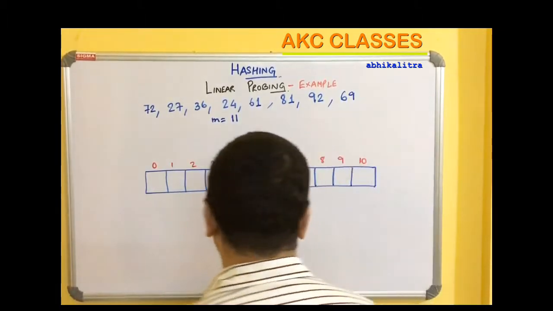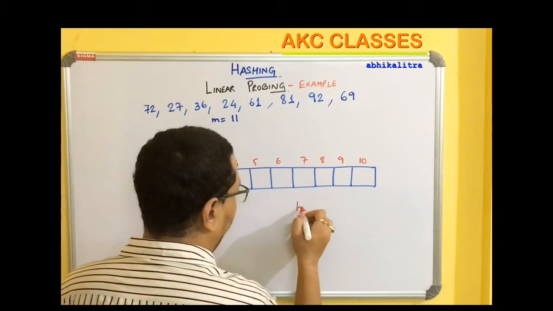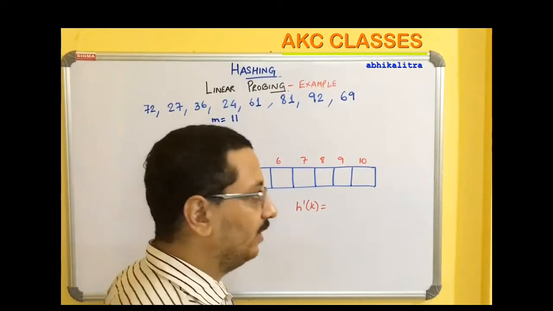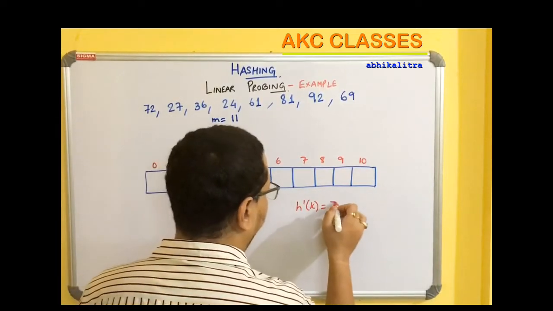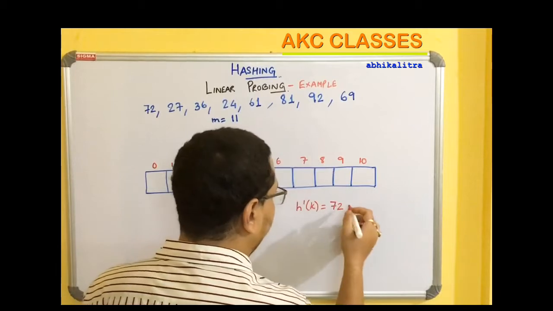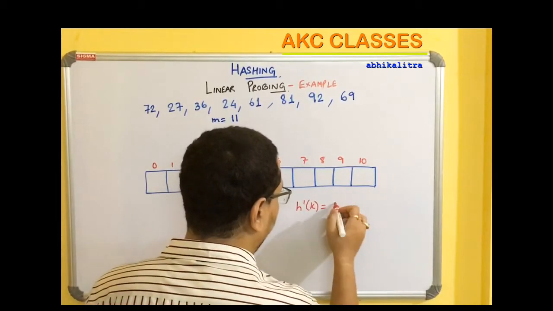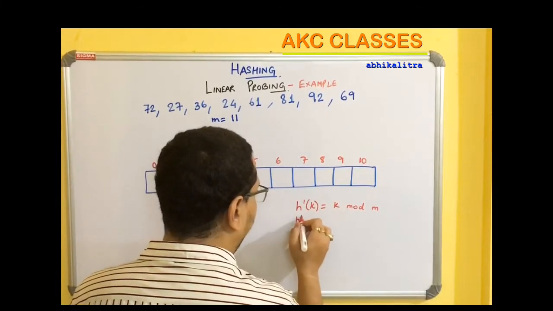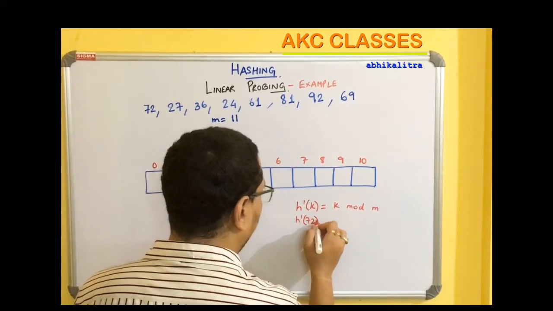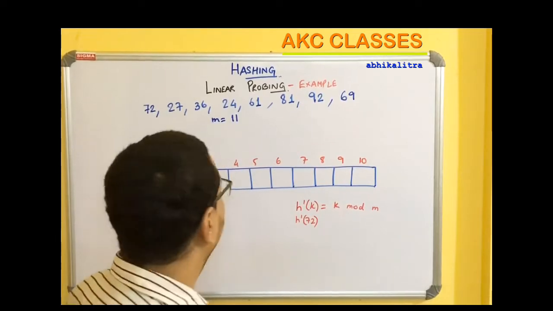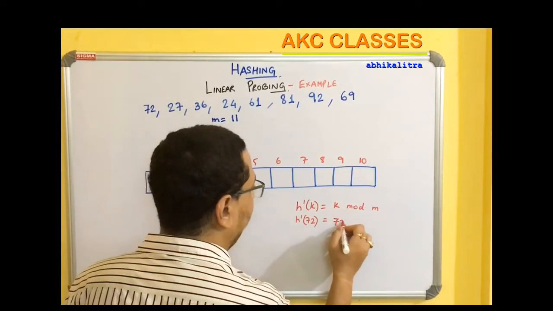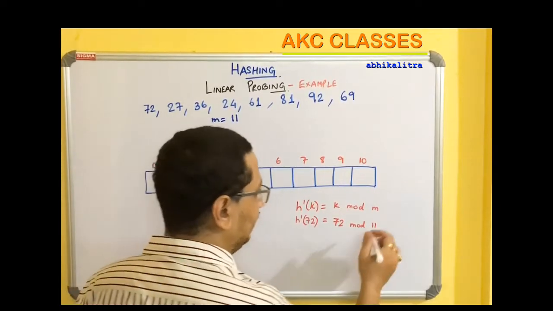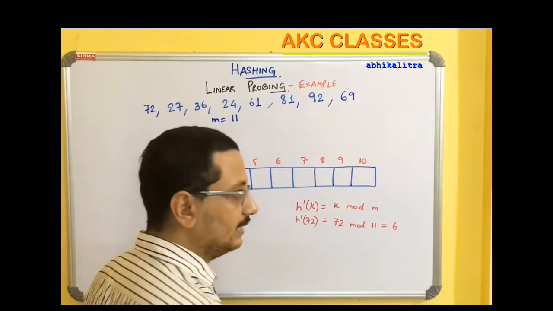So we'll start with 72. h prime of k, first we will try out the primary hash function, right? The primary hash function is k mod m. So presently the value of k is 72, and 72 mod 11 will give a location 6, right?